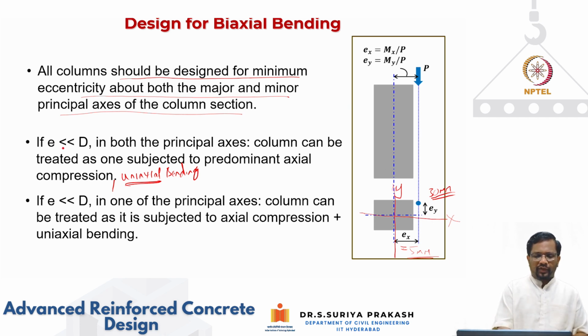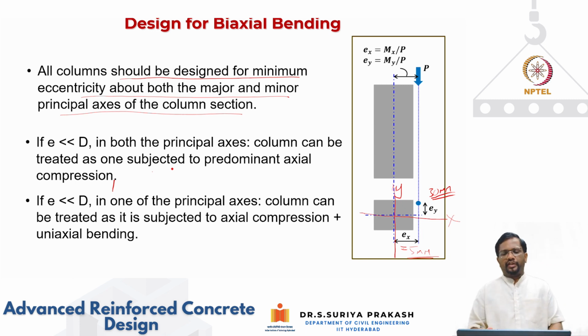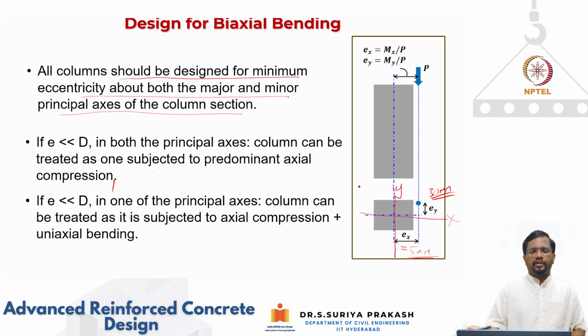If this eccentricity is small in both axes, let's say Ex and Ey are only 5 mm, then the column can be considered as predominantly subjected to only axial compression with very little bending. So the bending effect is not going to be very significant.